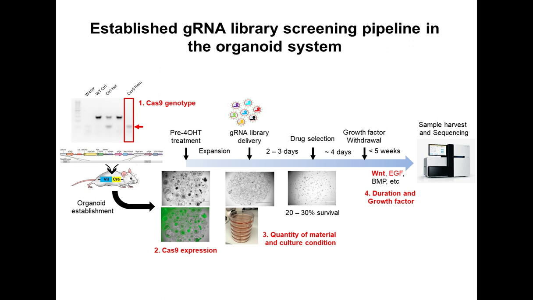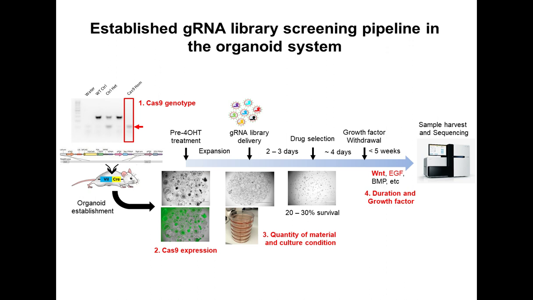And after that, we select for Puro to enrich the library containing organoids, and then we perform growth factor withdrawal, such as Wnt, which is very important for the growth, so you can take out Wnt to see which of the gRNAs can survive. We also tried inhibition of EGF signaling, to know which of the RING domain proteins are involved in the EGF pathway.